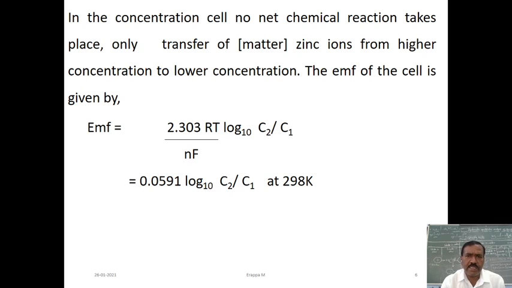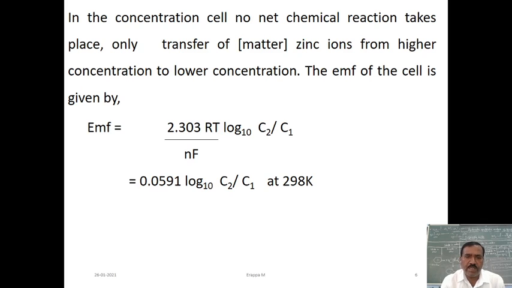In the concentration cell, no net chemical reaction takes place, only transfer of matter, that is only transfer of zinc ions from higher concentration to lower concentration. The EMF of the cell is given by EMF is equal to 2.303 RT by nF log of C2 by C1.